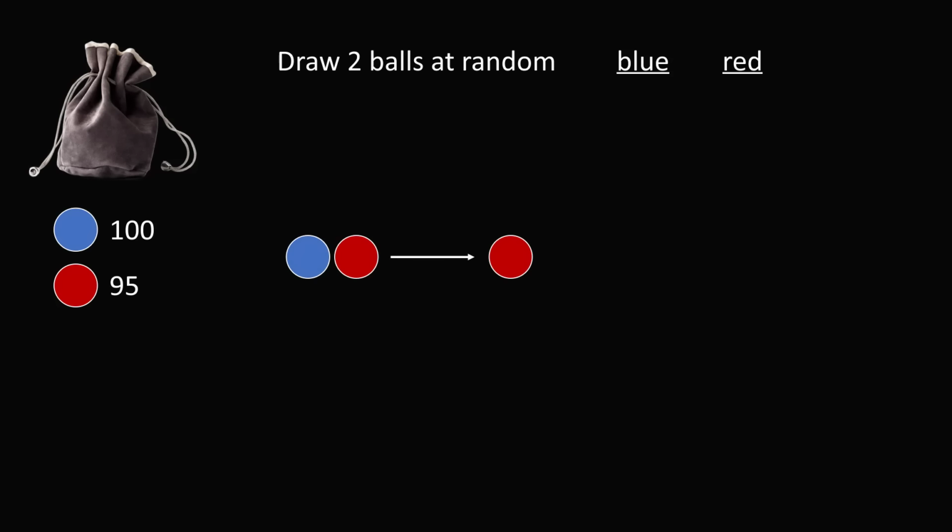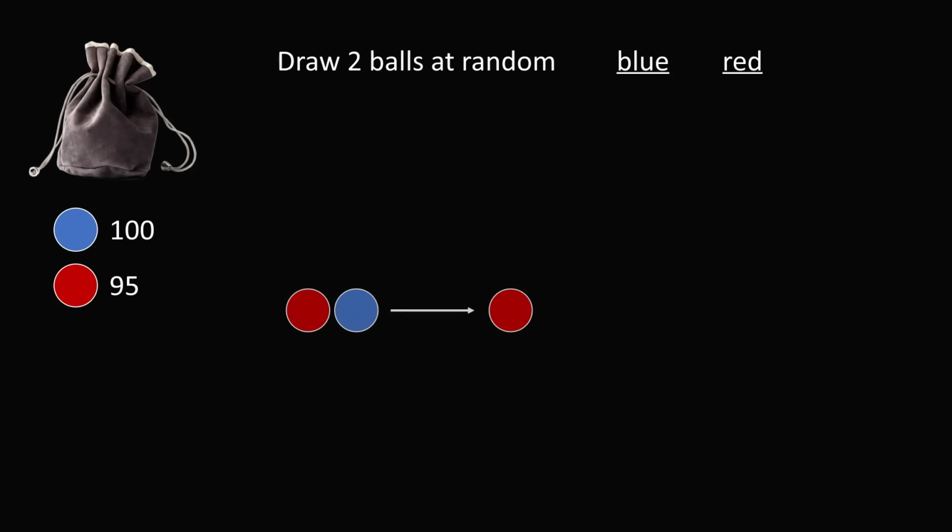Now, if we draw 2 balls that are different colors, we replace them with a red ball. So a blue ball and a red ball resulting in a red ball will decrease the number of blue balls by 1, and it will keep the number of red balls unchanged. So this is also true in the final case, where the number of blue balls is going to decrease by 1, and the number of red balls is going to be unchanged.